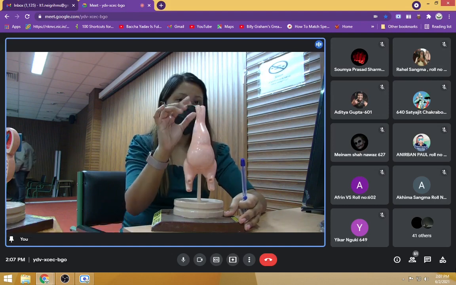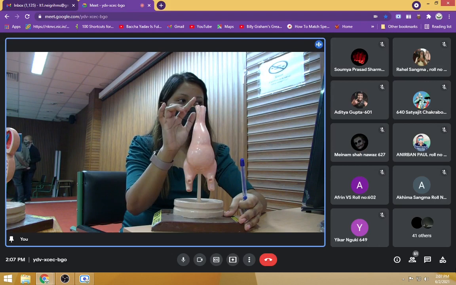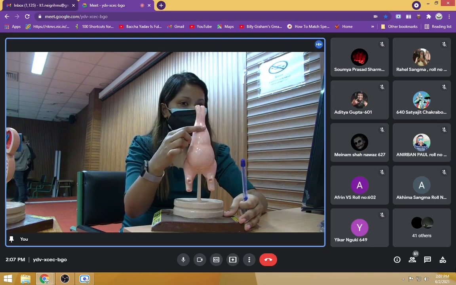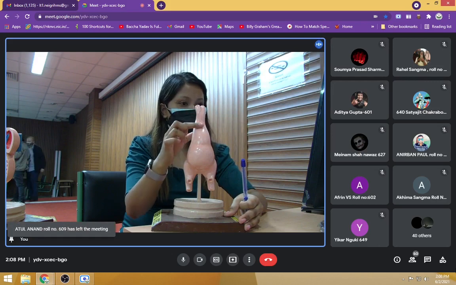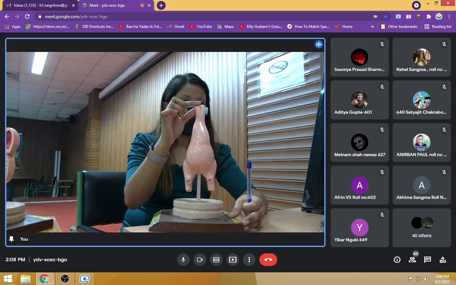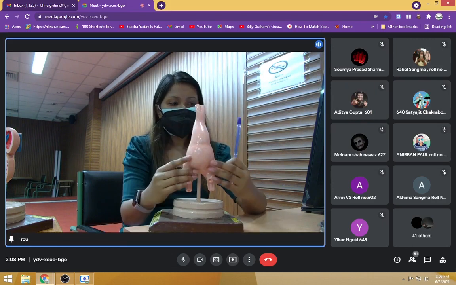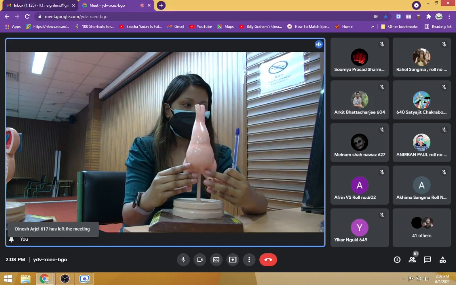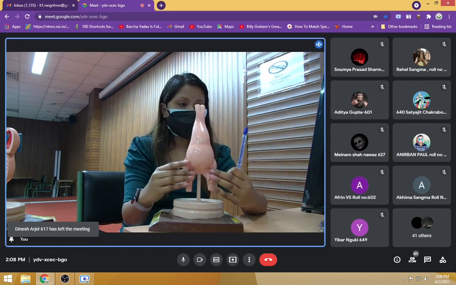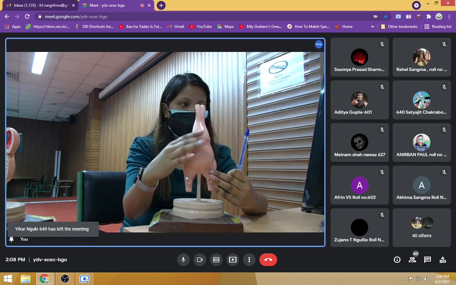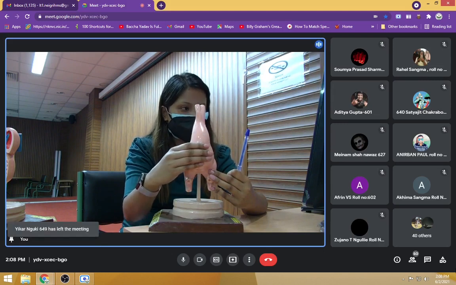Then they will ask, what are these? You have studied this now in Vishwajit sir's class. This part is the bulbus cordis, and the down part we have the sinus venosus, then we have the primitive ventricle and primitive atrium.